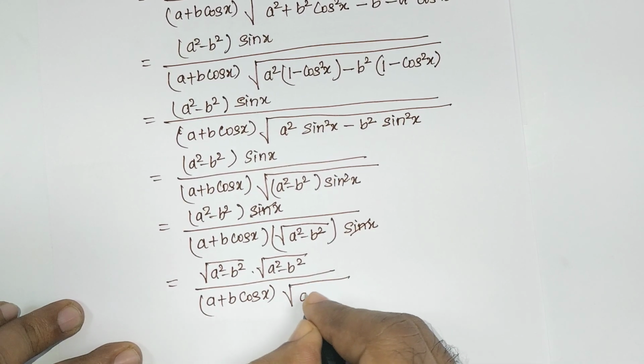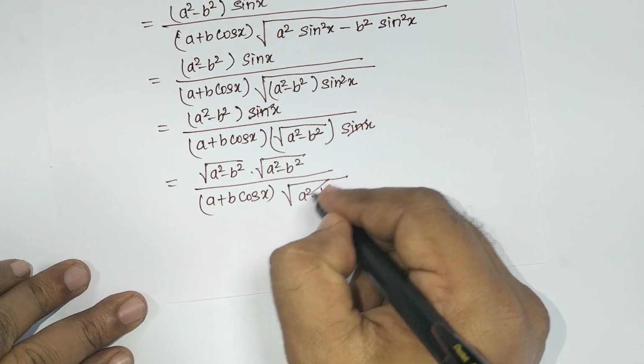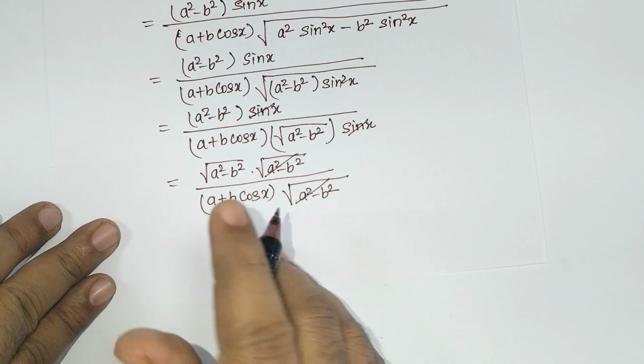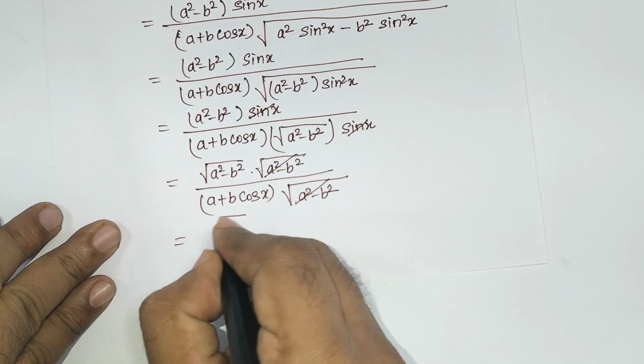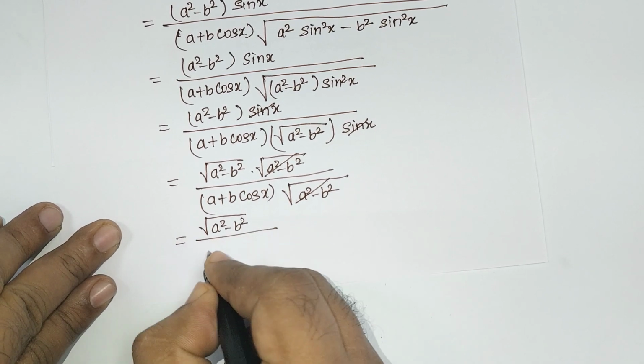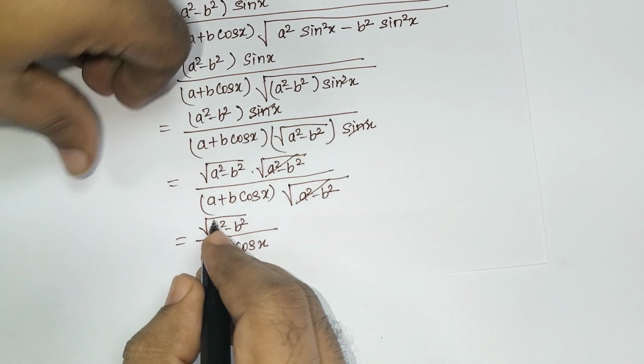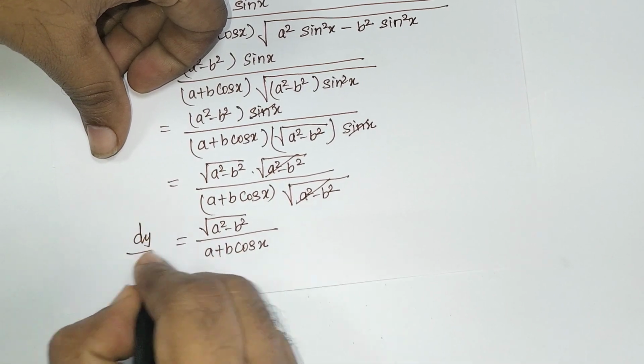Okay, so one square root we can cancel. At the end our result is square root of a square minus b square divided by a plus b cos x. So this is our first derivative answer.